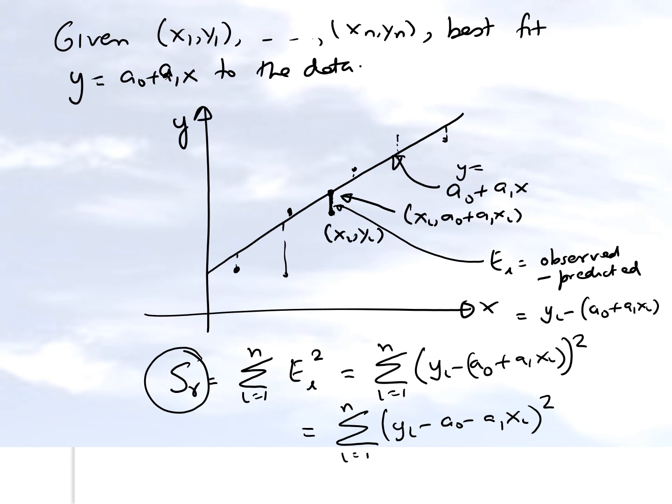If this is the sum of the square of the residuals SR, how do we go about finding the minimum of this quantity right here? That is the goal. So the sum of the square of the residuals is given by this expression now, right?